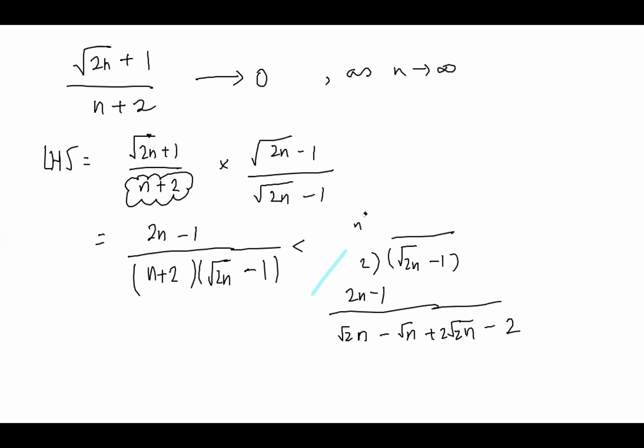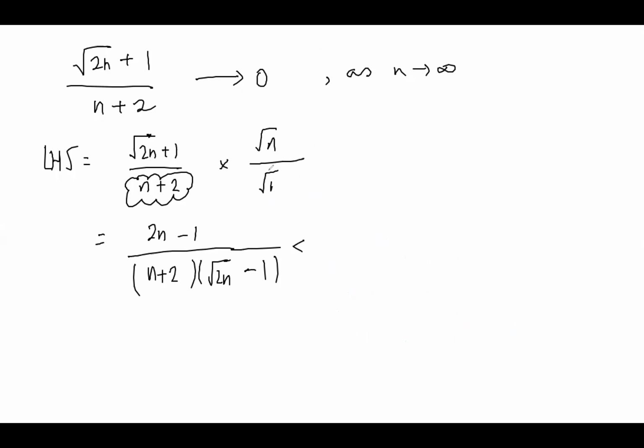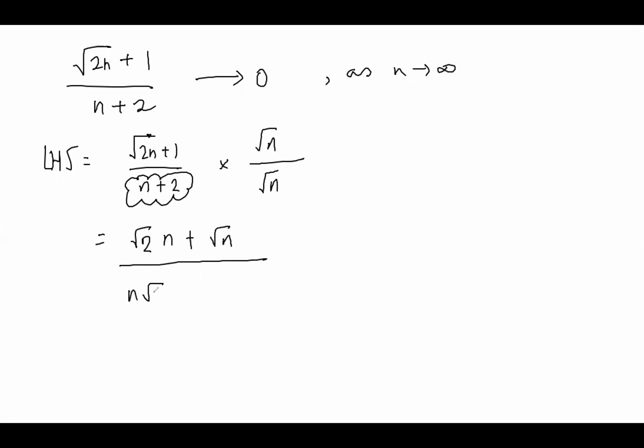Okay, so let's try your idea. You're multiplying with the square root of n like this. Is that correct? Yeah. Then I'll get something like this.